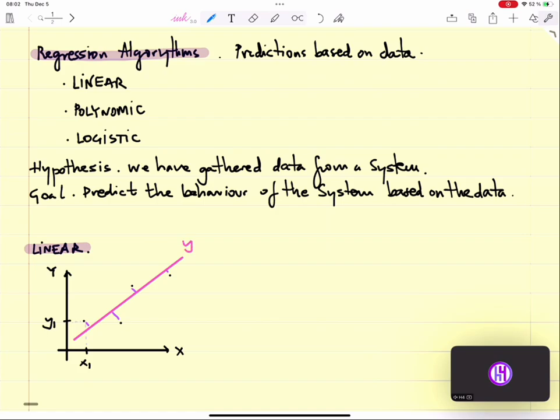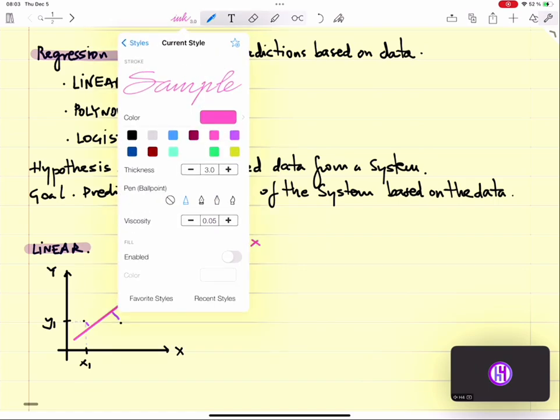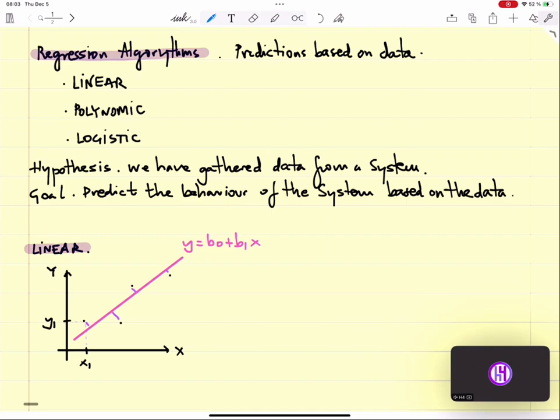You know, a line has this formula. We aim to find the line that has the minimum distance to all the points, because that line is the one that better predicts the behavior of the system.